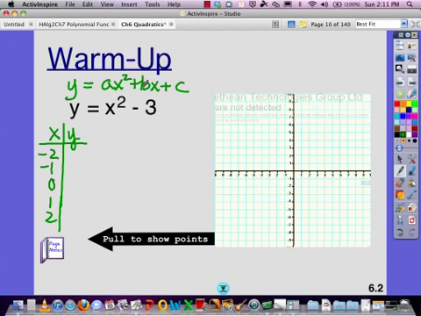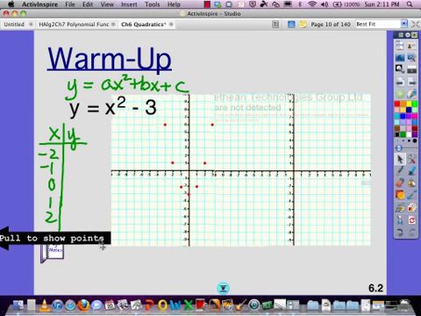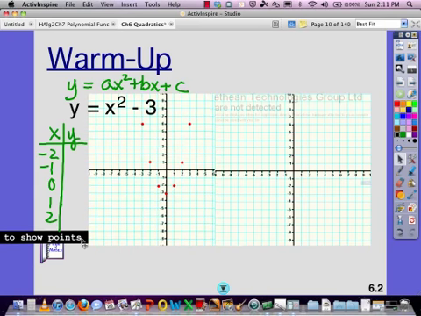Hopefully I've given you enough time to graph. Let's see what you came up with. The only thing is I did not connect mine, which your calculator would have done. But these are some of the values: 0, negative 3; 1, negative 2; negative 1, negative 2. So you're seeing these points listed, and you can make some observations.